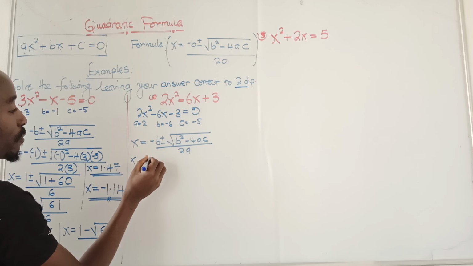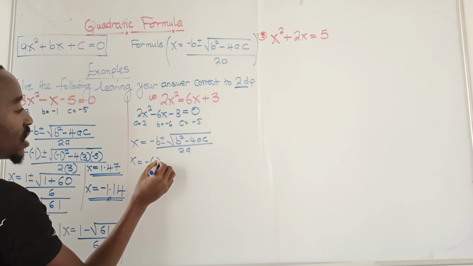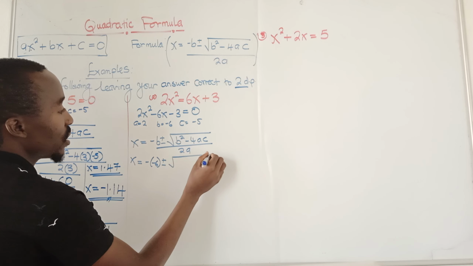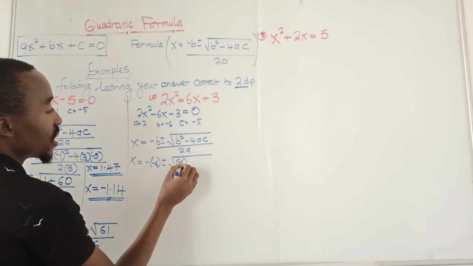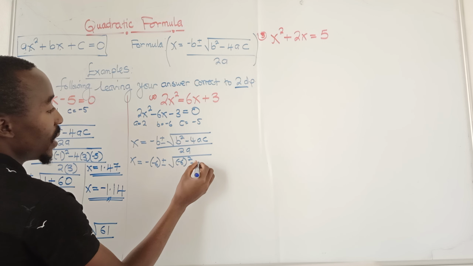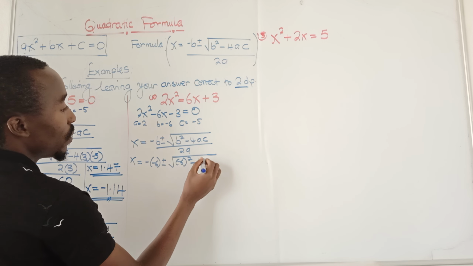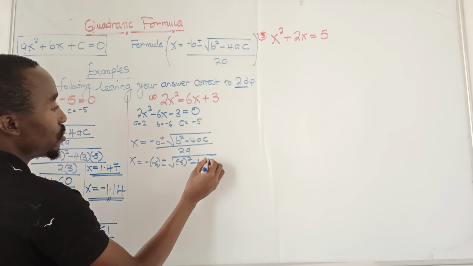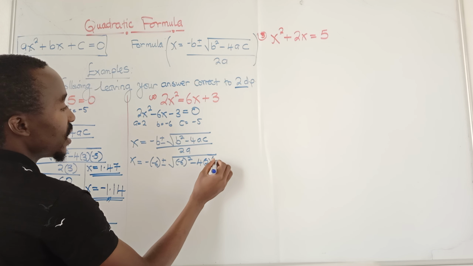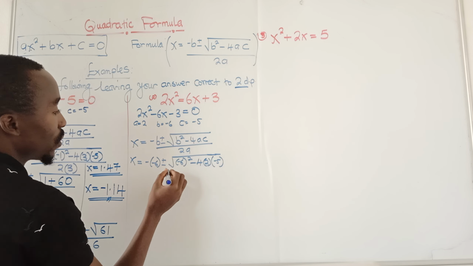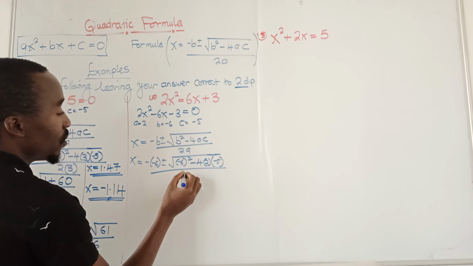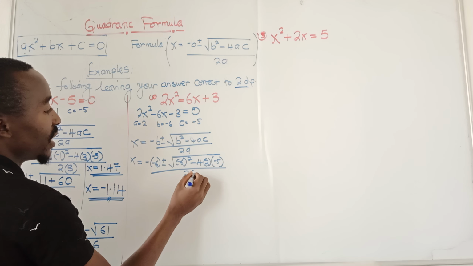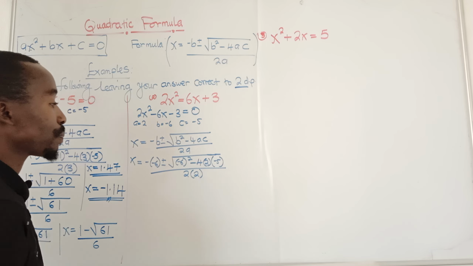So the negative for the formula, in brackets negative 6, plus or minus the square root of negative 6 squared minus 4. What is our a? Our a is 2. What is our c? Our c is negative 5. I hope that you are following. So this will be over 2. What is our a? Our a is 2.